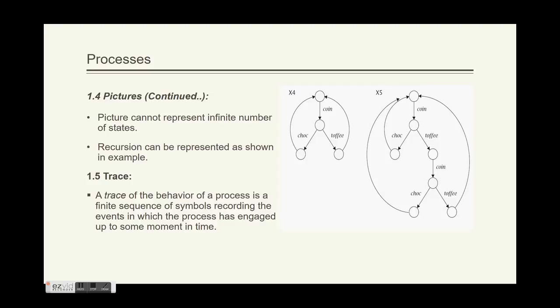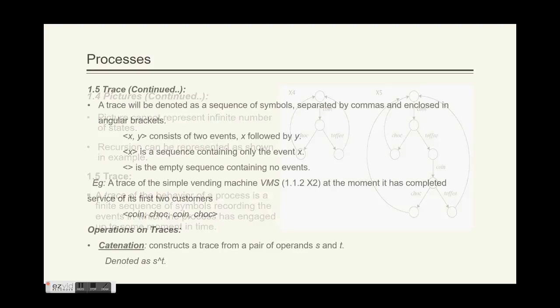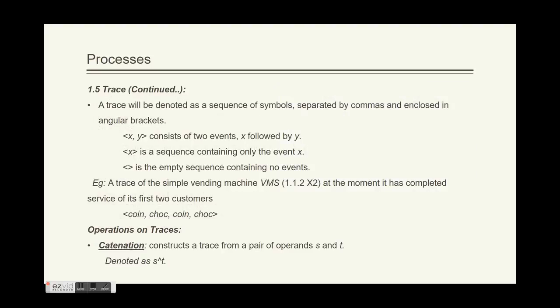Trace. A trace of the behavior of a process is a finite sequence of symbols recording the events in which the process has engaged up to some moment in time. A trace will be denoted as a sequence of symbols separated by commas and enclosed in angular brackets.